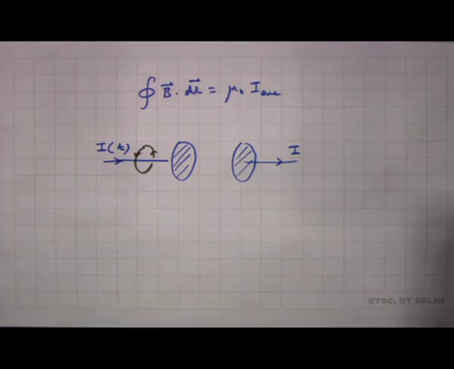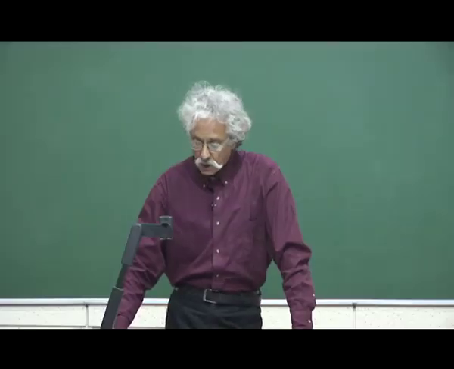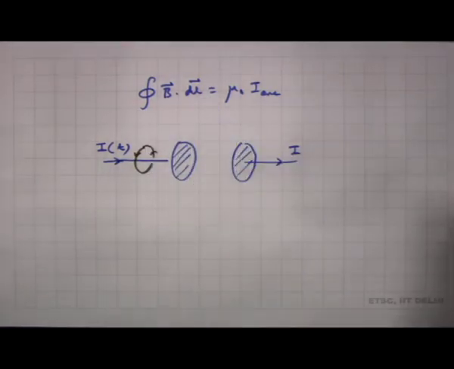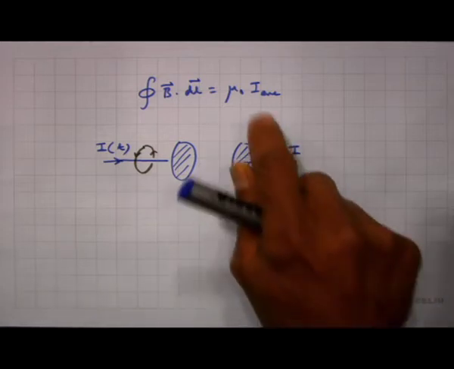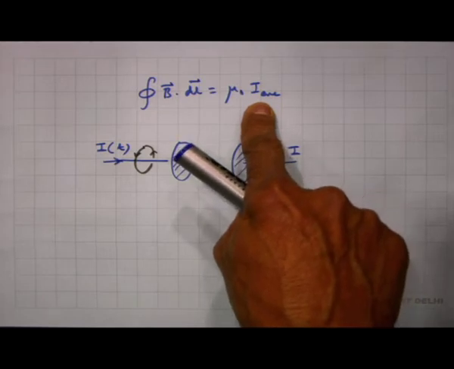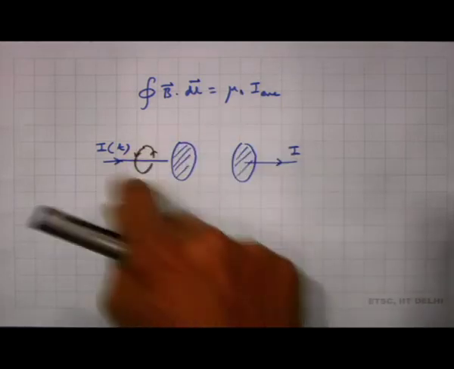Now, in this example, because of a straight wire, because of symmetry as we have discussed earlier, the magnetic field will be azimuthal and so I can actually integrate this left hand side. Now, what is the right hand side of this equation? The right hand side involves the current that is passing through the surface whose boundary is this curve.